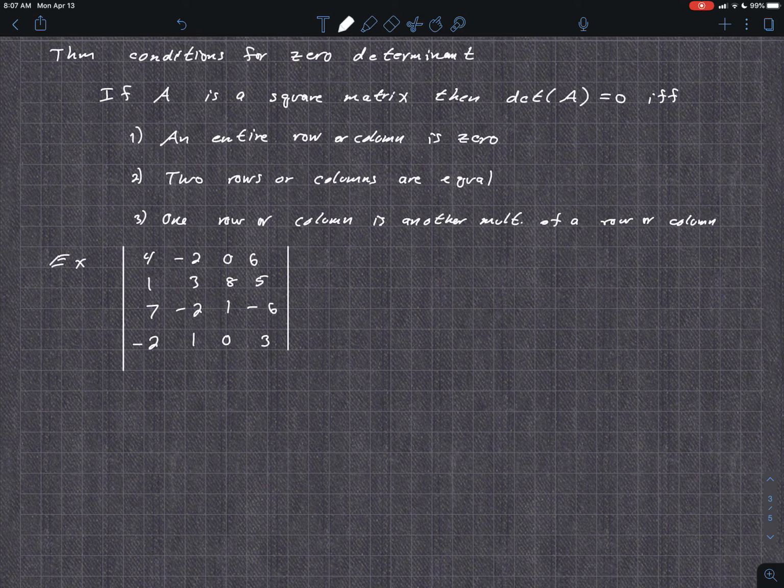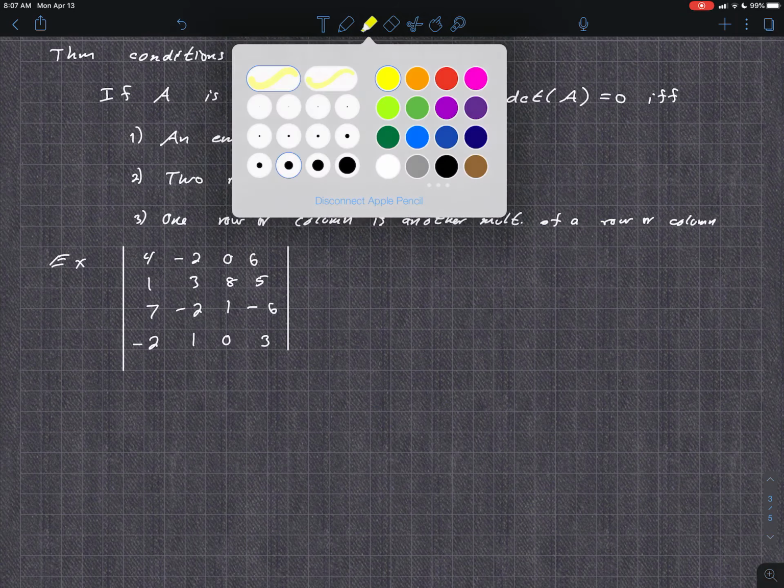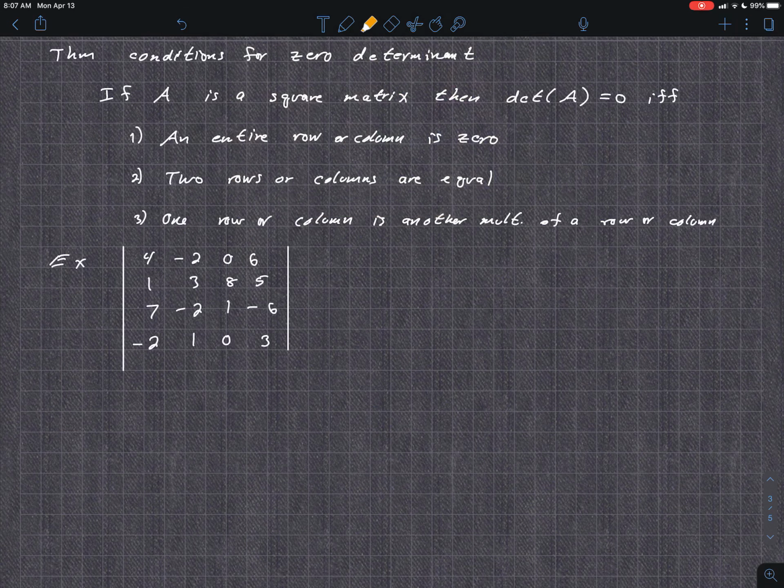Not completely obvious at first, but if you look at row 1 and row 4, they are a scalar multiple of each other.